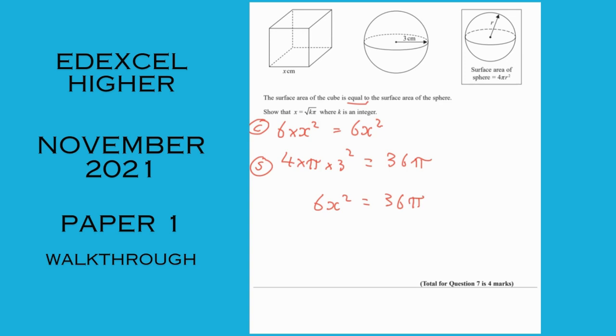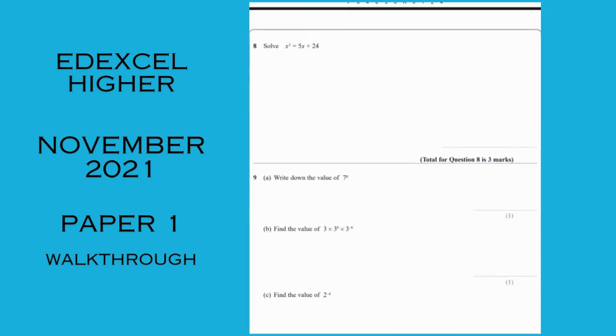Now it's a show, so I always like to do a bit more working out. So let's divide by 6 to make it obvious before we square root. That's the square root of 6 and the square root of pi. If you want to be watertight, be obvious with the value of k. You don't need to be.